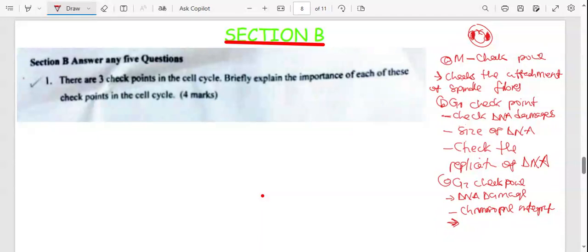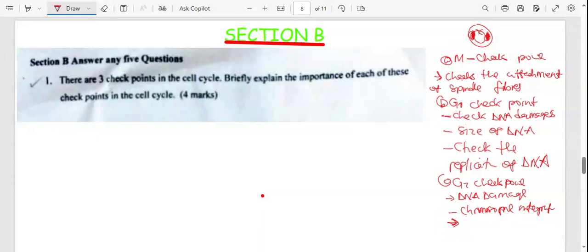So G1 and G2, they are interrelated a bit, but not that much, because they both do somehow the same thing, but the G2 will be there to prevent a cell that hasn't grown from going on to the next checkpoint. Okay.